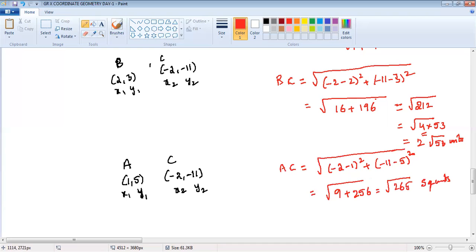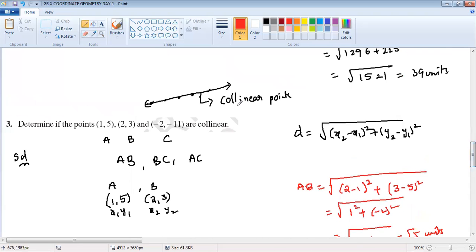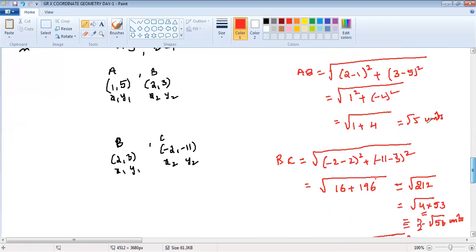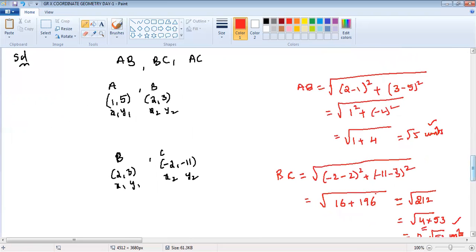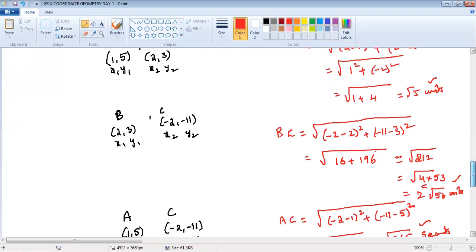Now, actually we are learning the collinear concept: three or more points lying on the same line are called collinear points. But when you come to this problem, we are not going by points, we are thinking about the distances. Then from these distances, how can you connect to the collinear concept? See, the collinear concept is very simple here.